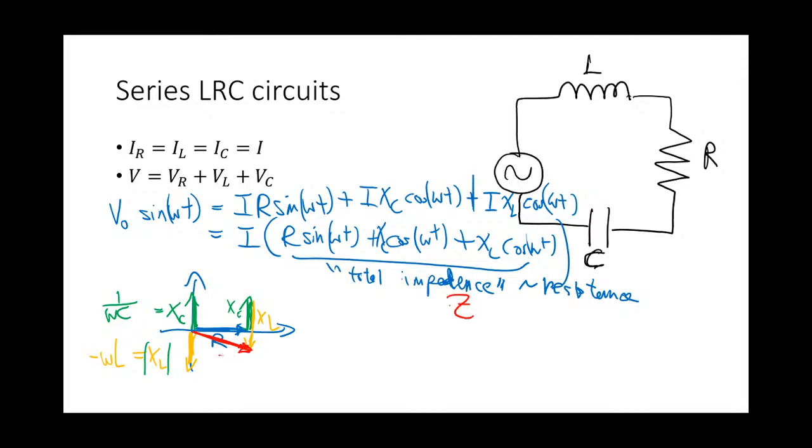And I'll name this Z, for convention, I guess. So this Z here plays like the total impedance or the total resistance of the overall circuit, giving you what the current is supposed to be doing.